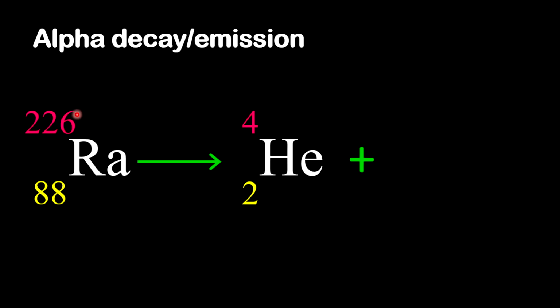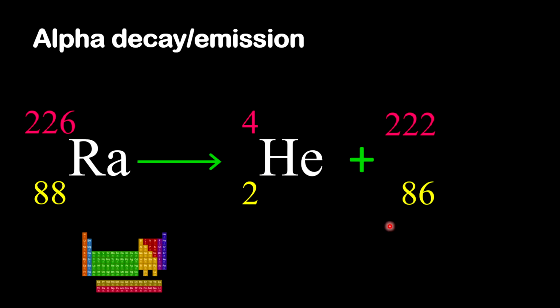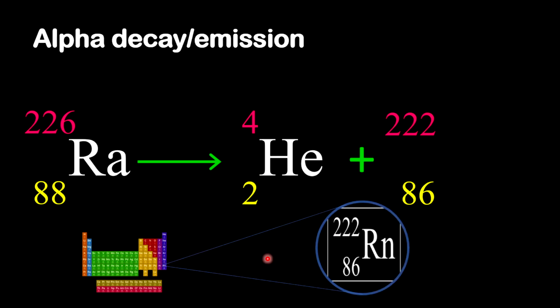So 4 from 226 will give you 222. And now 88, you reduce it by 2 because you give off 2. Then what you should have here is 86. If you look in the periodic table for the atomic number 86, you'll realize this is radon. And so that will be the new element or atom that is formed.